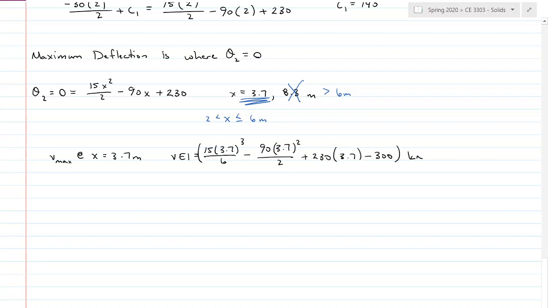And this will be in kilonewton meters cubed. And we get that value, Vmax equals 61.6 kilonewton meters cubed, and I'm moving over the E and the I. I wasn't given any values for that, so I'll leave them in variable format, no big deal. And this is our answer for the maximum deflection between A and B.